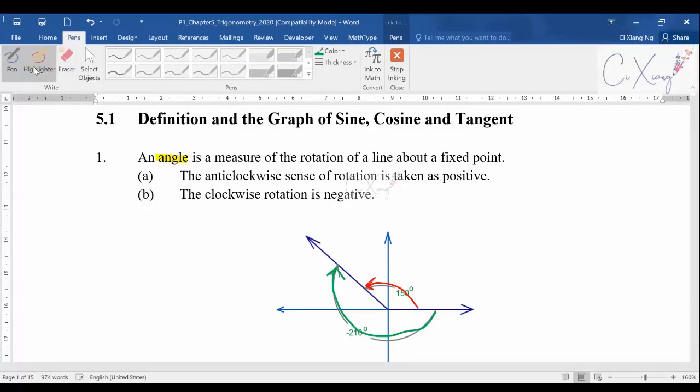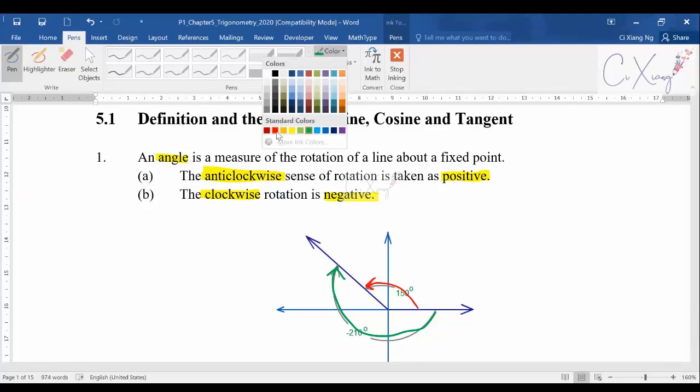When we measure in the anti-clockwise direction, the angle is named a positive angle. If we measure it in the clockwise direction, then the angle is a negative angle. As an example, the whole circle is 360 degrees.